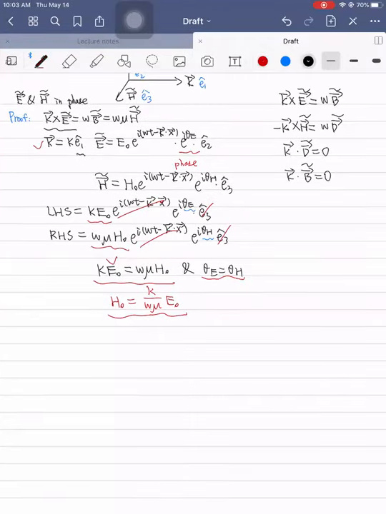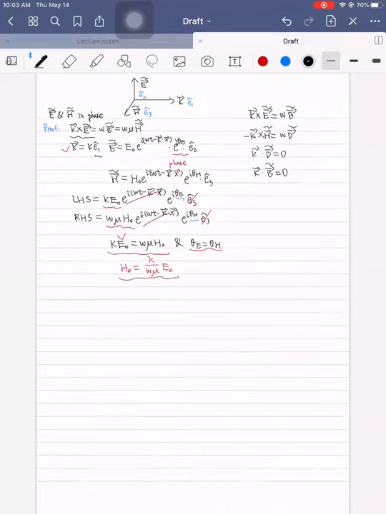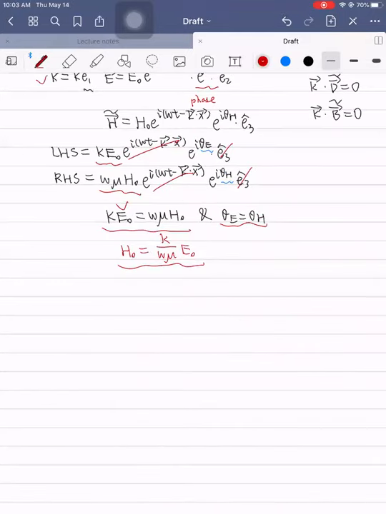So to sum up, starting from this part, we can get three important conclusions.